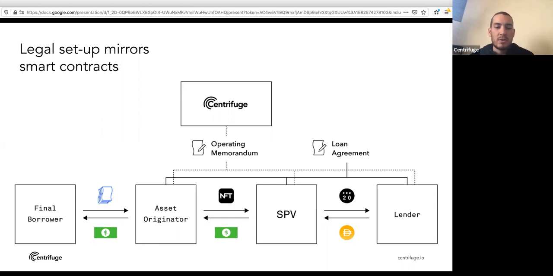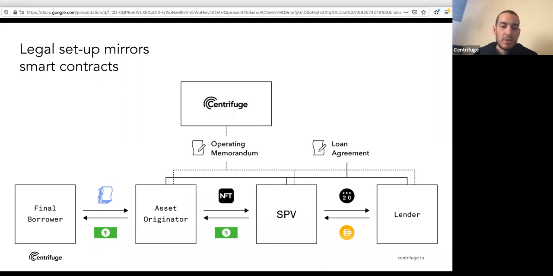So we set up the minimum amount of legal structure that is required to ensure that whatever happens on chain is also legally binding, and that whoever interacts with these smart contracts on chain can actually go in the real world and sue the company that isn't paying the invoice into bankruptcy, or ask a collections agency to start collecting on these assets.